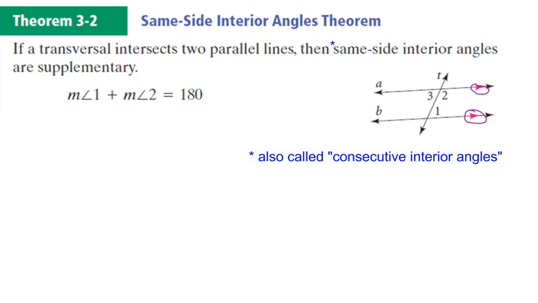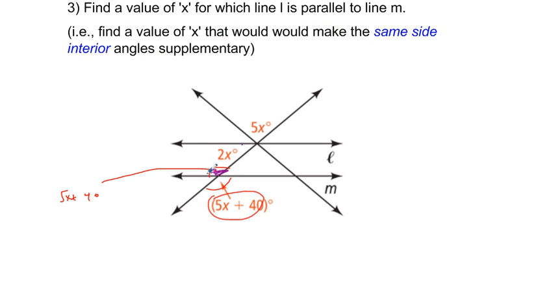Well, let me find a value of x that would make these same side interior angles supplementary. In other words, let me set up an equation: 5x plus 40 plus 2x is equal to 180. Well, 5x plus 2x, which is 7x, plus 40.